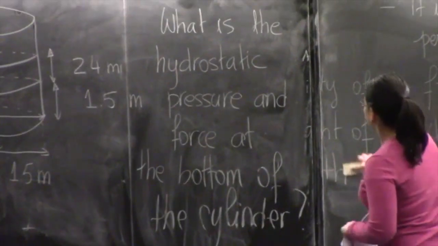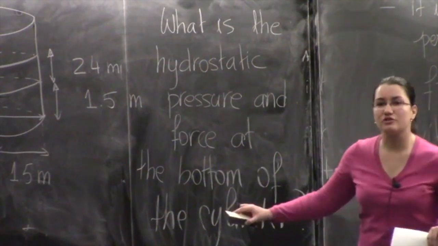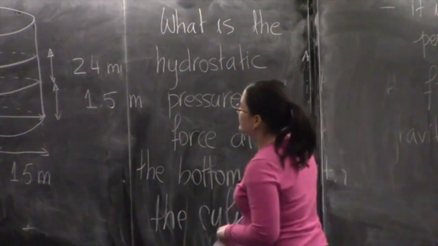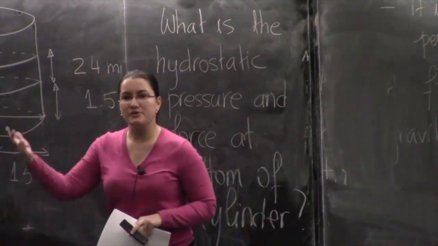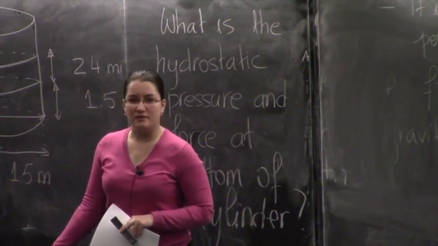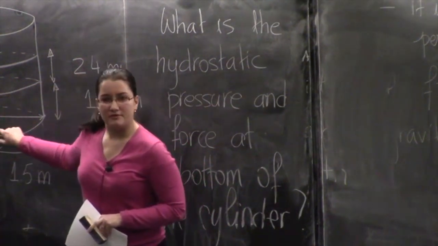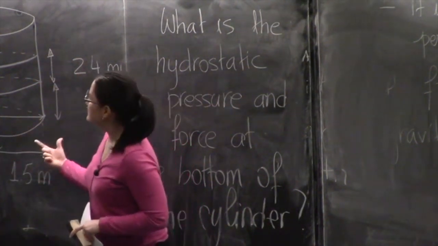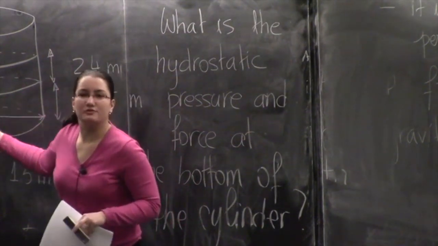Asking for the hydrostatic force and pressure of a thing which is horizontal means that basically every point on the surface over here is going to experience the same action from the liquid on top. So to compute the hydrostatic pressure, we just need to see what is the depth, what is the height of the fluid on top.